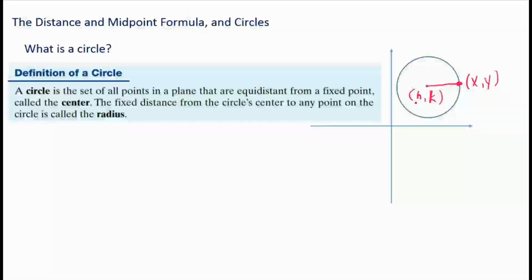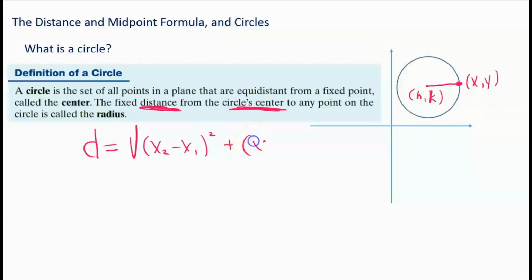Now remember, this (x, y) is a fixed distance from the center. Well, we know all about the distance formula. You watched the last video. The distance formula is d equals the square root of (x2 minus x1) squared plus (y2 minus y1) squared.